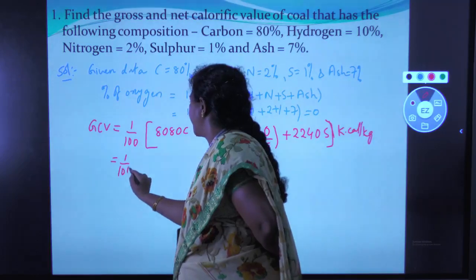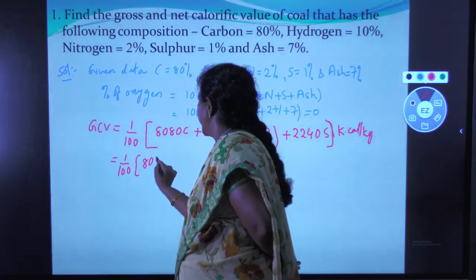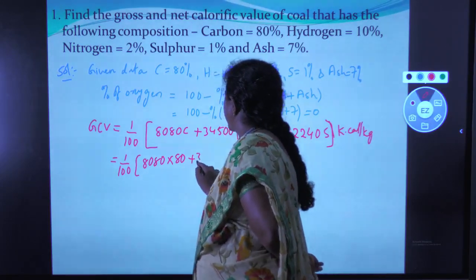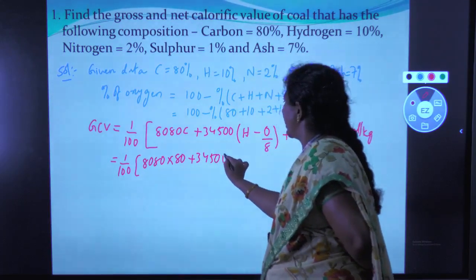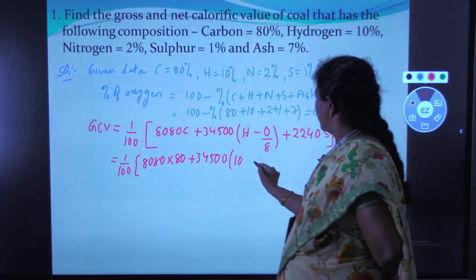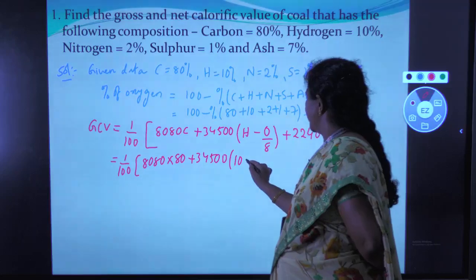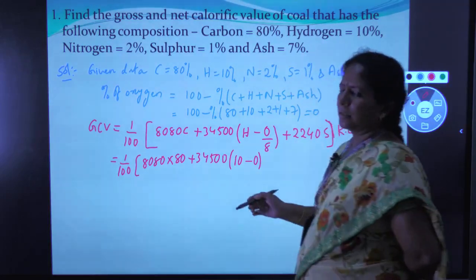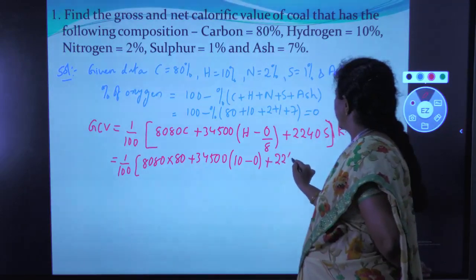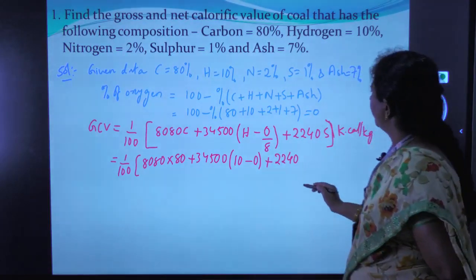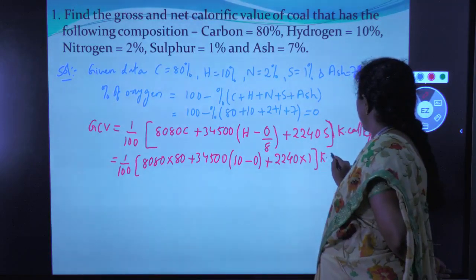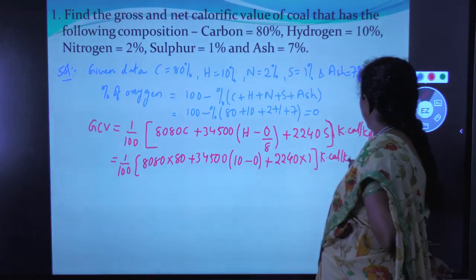So substituting the values, 1 by 100 into 8080 into 80 plus 34,500 into hydrogen 10, as oxygen percent is 0, plus 2240 into sulfur 1, kilocalorie per kilogram.